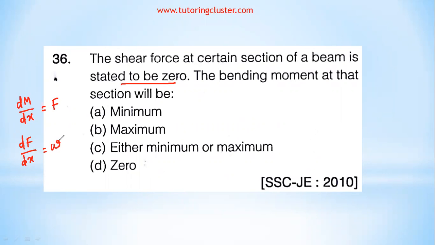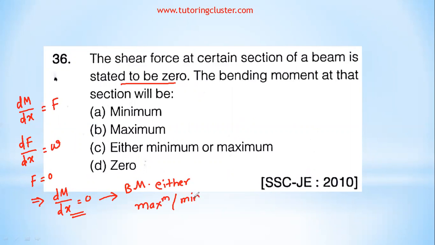Now what they have asked: shear force at certain section of beam is stated to be 0. F is equal to 0. Can we say, which implies dM by dx is equal to 0? And when the derivative is 0, at that time bending moment will be either maximum or minimum.